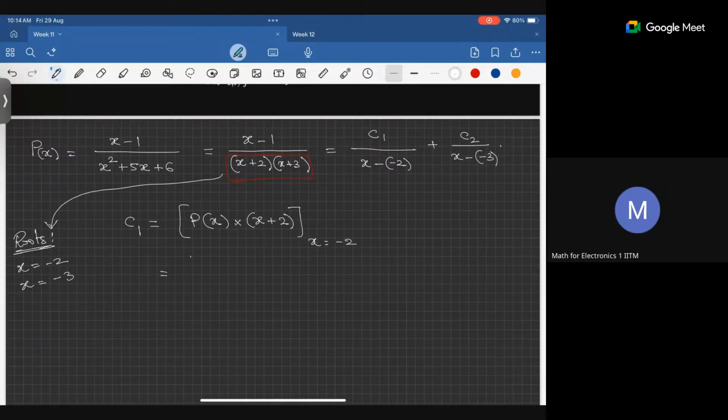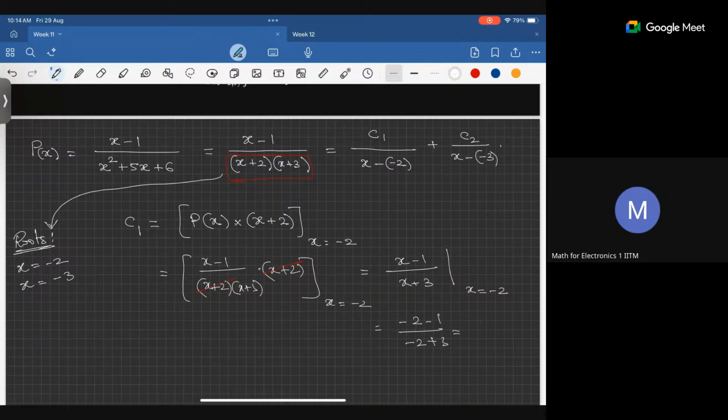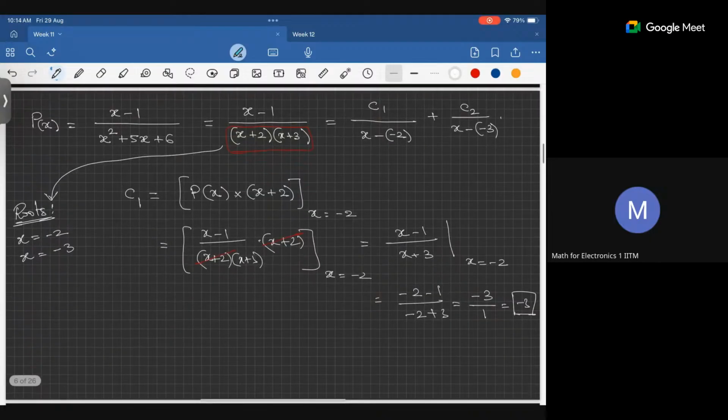So p of x is x minus 1 divided by x plus 2 into x plus 3, into x plus 2, and you have to evaluate this function at x is equals to minus 2. Here this and this will get cancelled out. We'll have x minus 1 divided by x plus 3, evaluated at minus 2. If I substitute minus 2, minus 3 divided by minus 2 plus 3, which is minus 3 divided by 1, which is minus 3. So c1 will be minus 3.